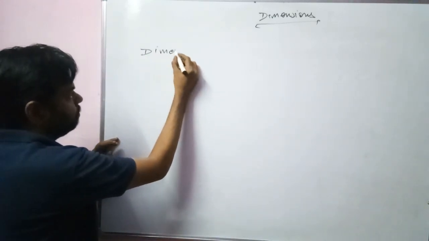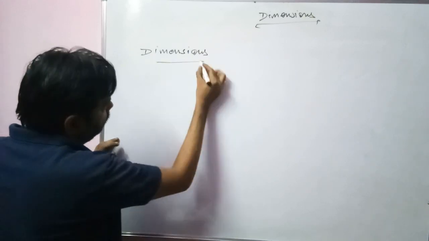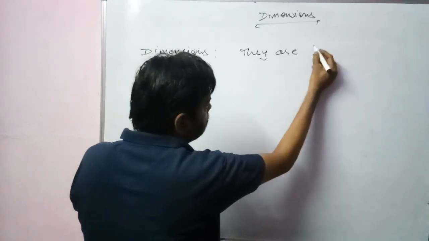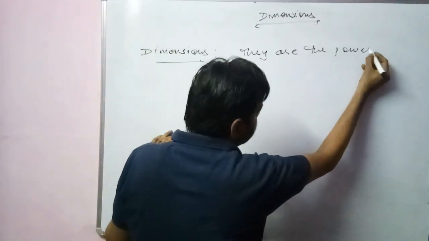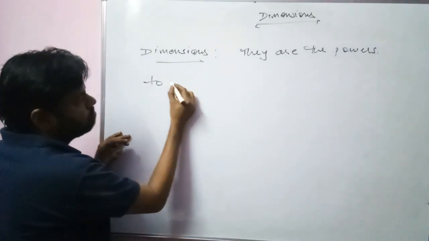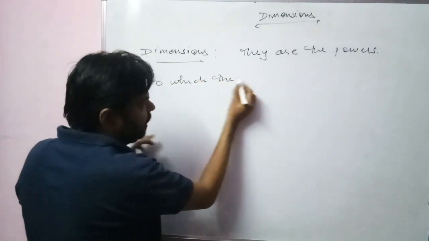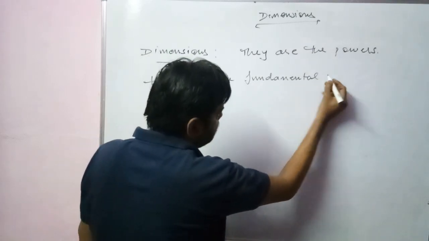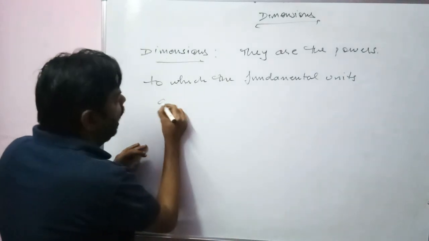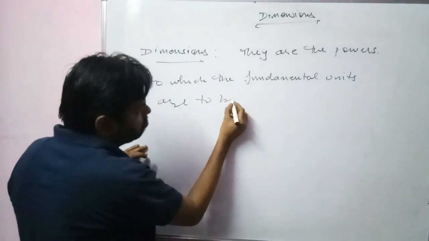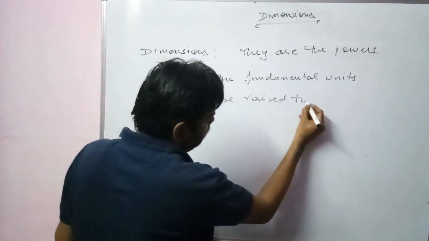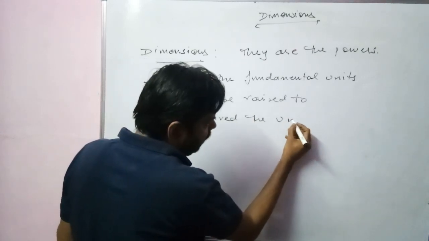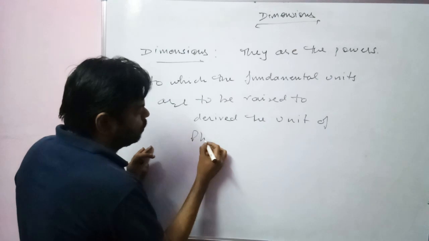First one, dimensions. What are dimensions? They are the powers to which the fundamental units are to be raised to derive the unit of a physical quantity.